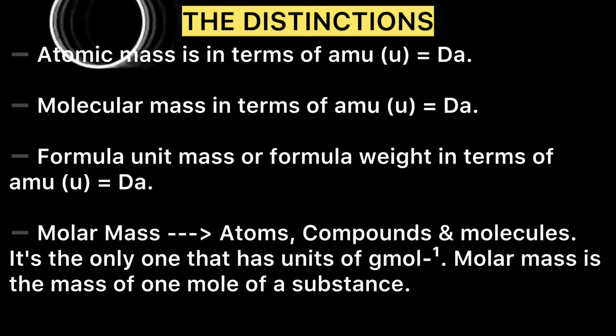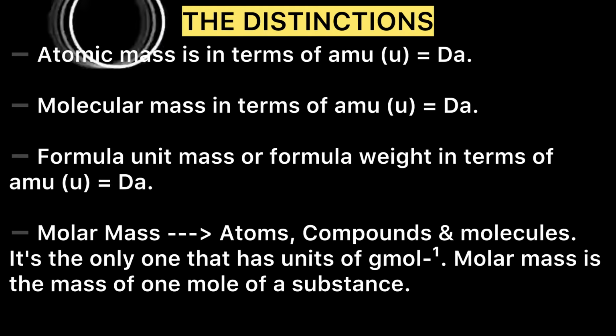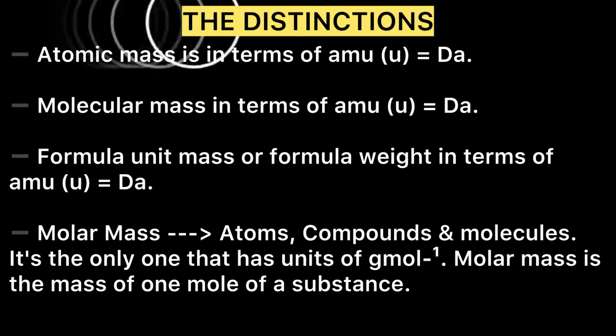And it encompasses atoms and compounds. So molar mass is the mass of 1 mole of a substance. So I can say, look for the molar mass of hydrogen atom, and I'm correct because I can use it to represent an atom. But I cannot say look for the relative molecular mass of hydrogen atom, because relative molecular mass just involves molecules.